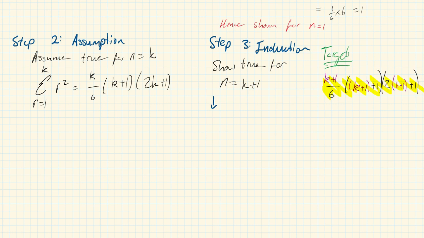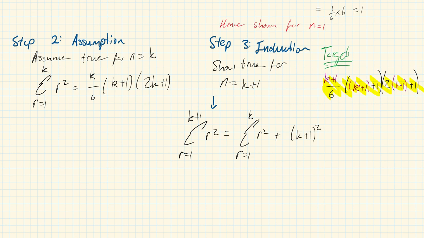We've got the sum from r equals 1 to k plus 1 of r squared. And that is the same as doing the sum from r equals 1 to k of r squared, and then we're going to add on the k plus 1th term. So we're going to add on k plus 1 squared.